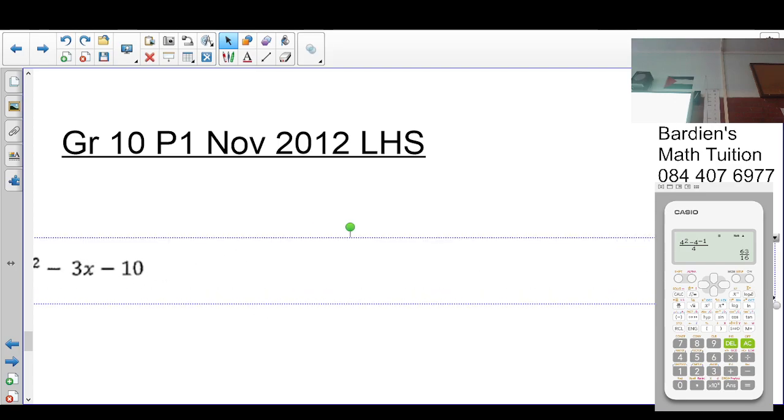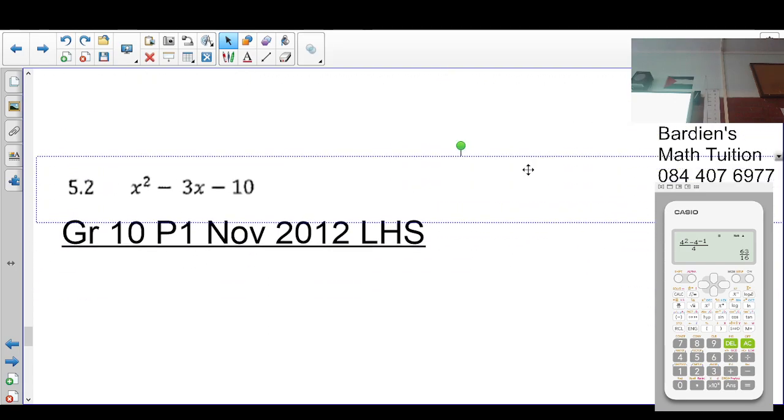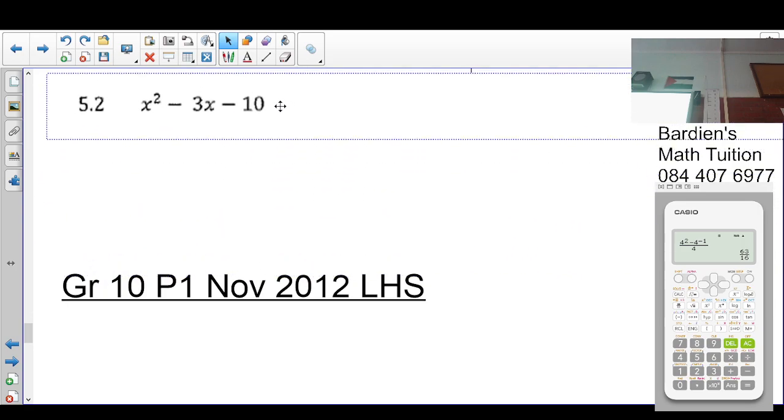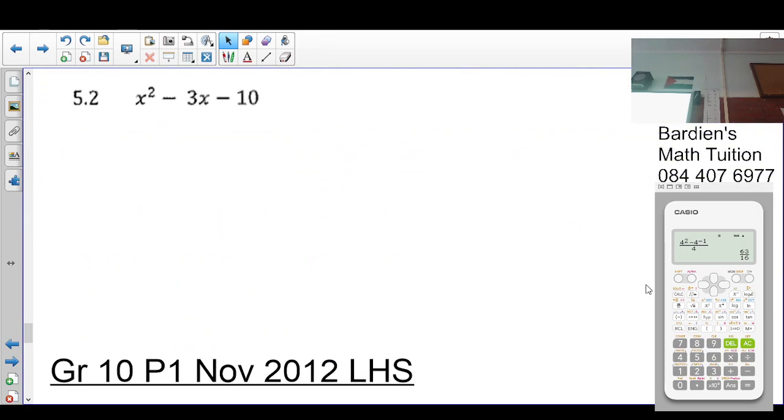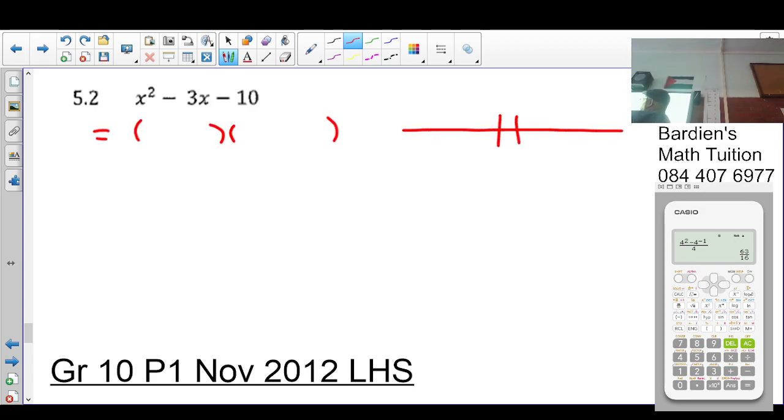What type of factorization here? Trinomial. No common factor there. We add or subtract the product. Subtract. The factors are 1 and 10, 1 and 2, 1 and 5. We subtract them, so 5 minus 2 is 3.